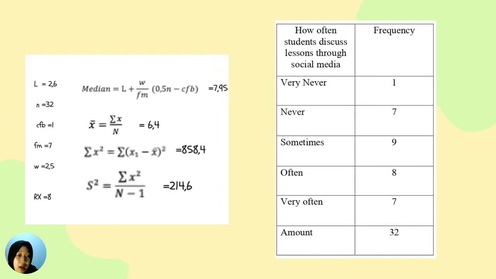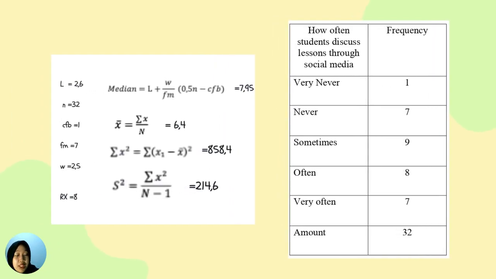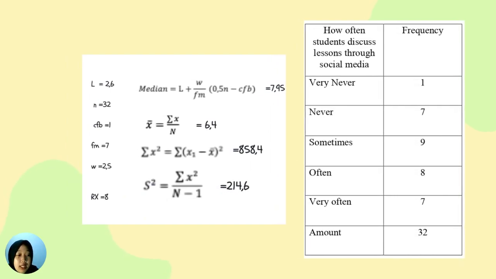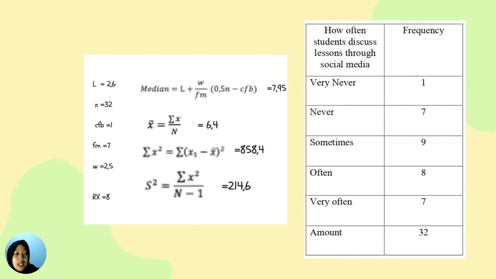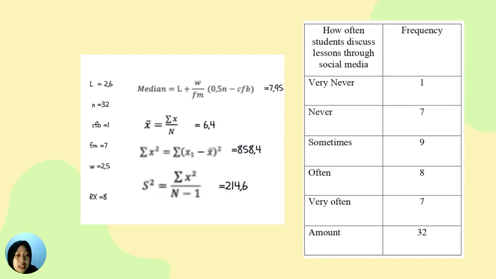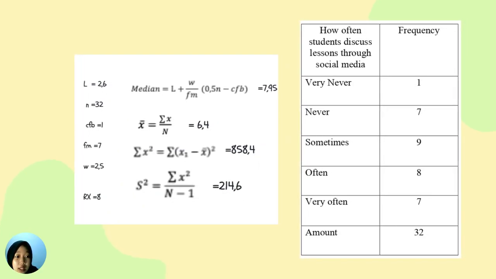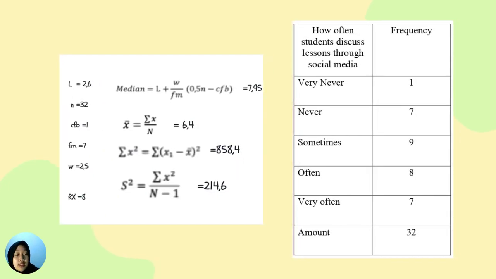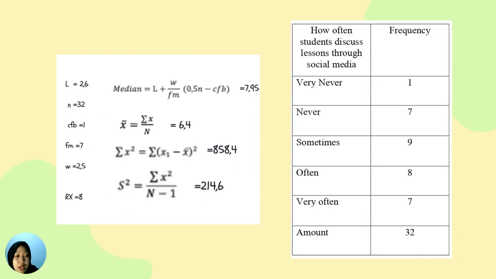And from the data, we get the median is 7.95, x bar is 6.4, and sigma x square is 858.4, and s square is 214.6.